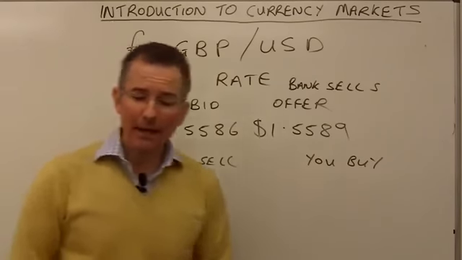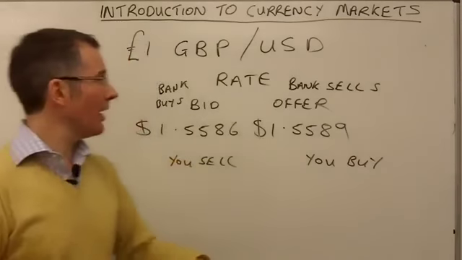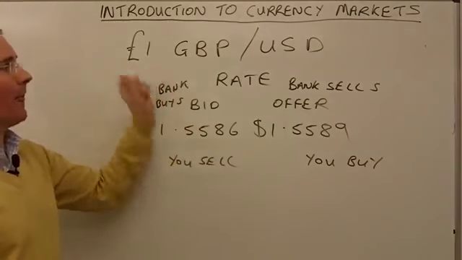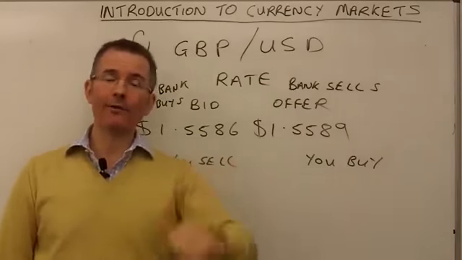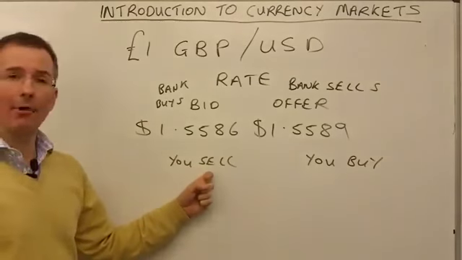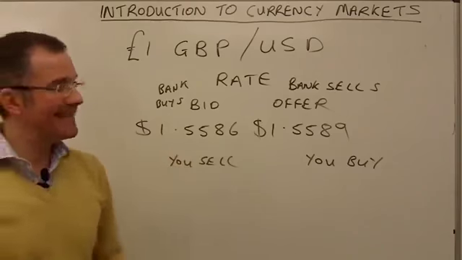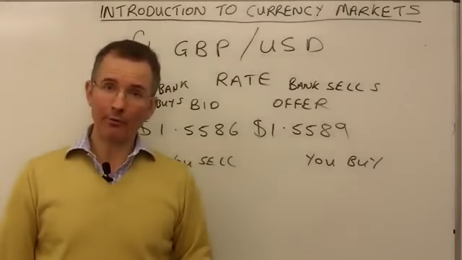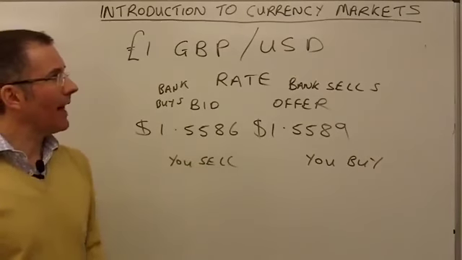Or put it even more simply, everybody in the markets is trying to rip you off. So if you're trying to dump £1 and turn it into dollars, you'll get as few dollars as whoever this is can give you. And that means that number of dollars. Equally, if you're looking to buy, they'll make it as difficult or as expensive as possible for you and use the opposite rate. So watch out for that.